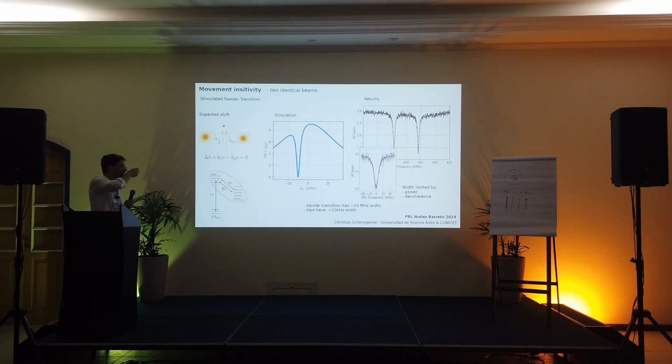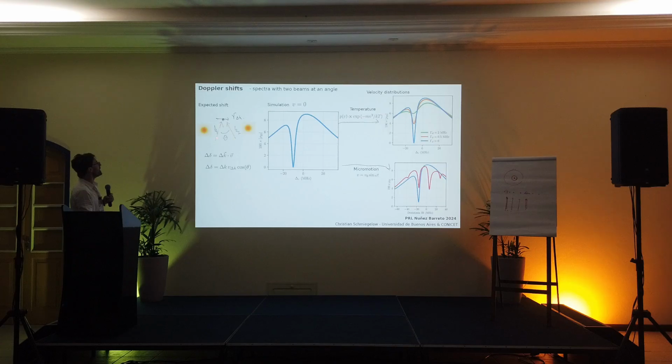These dips are as thin as the coherence of these states can be, and they're only broadened by power broadening or by coherence broadening. But as you see here, we got them as thin as 10 kilohertz. So this is a very sharp, coherent effect of the interaction of these two levels with these two laser fields.